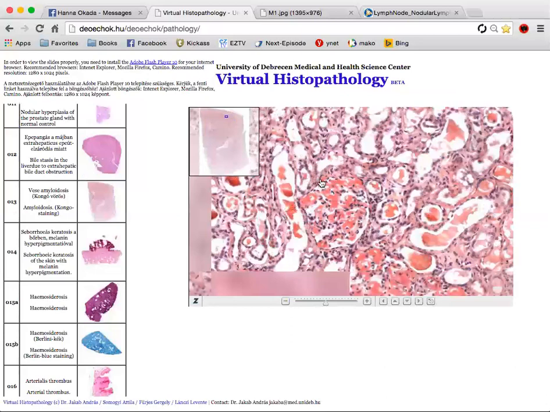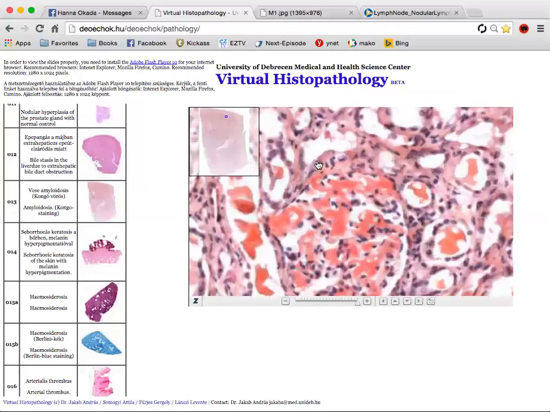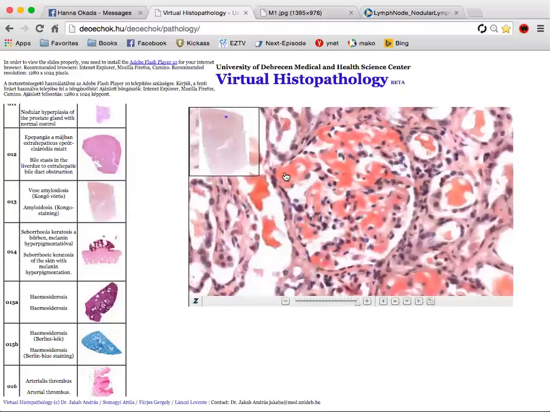So this is a glomerulus. And what you can see is this darker red staining here, and this would all be green if we put it under polarized light. And it's found in the mesangium of the glomerulus.